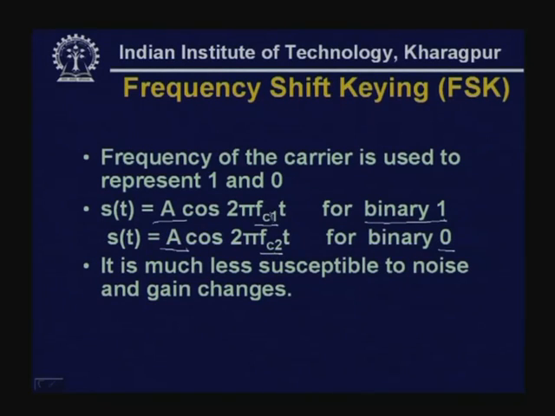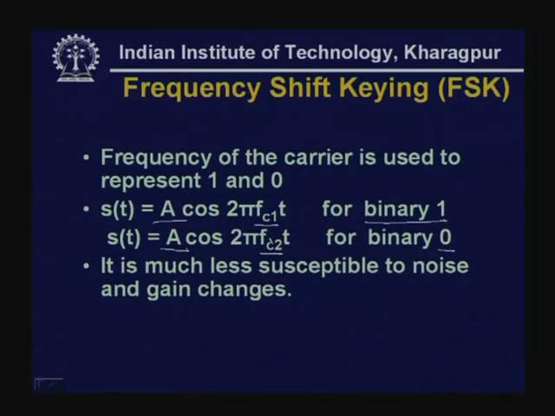And whenever we do that, it has been found that it is much less susceptible to noise and gain changes. One drawback of amplitude shift keying is that the amplitude is changing, and as a consequence there is a possibility of high noise, and that noise level can be so high that it is not possible to detect the lower and higher levels of the carrier signal.